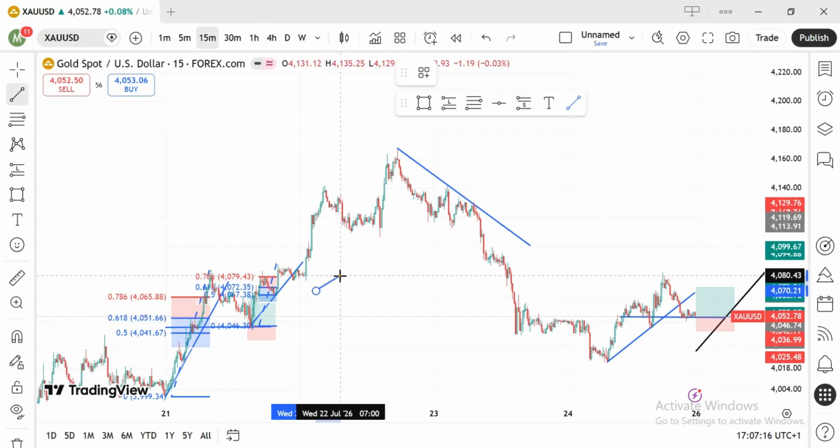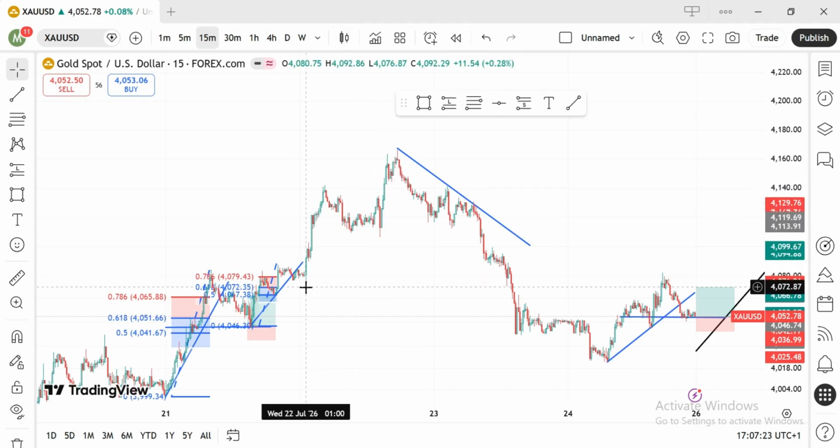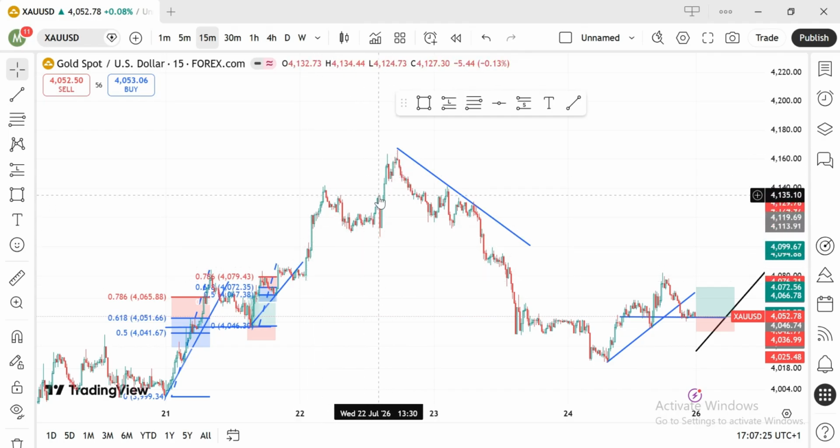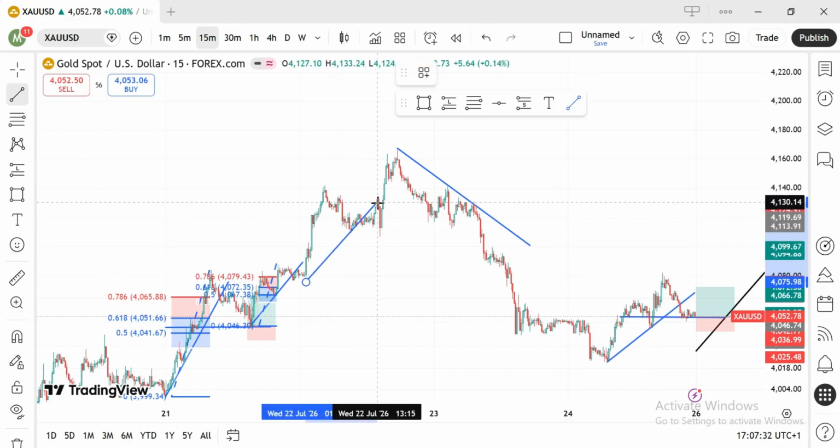So that's how you do it, and you also do it for this one as well. You can also do it for this day as well. If you take it over here, you mark it over here, and this is it right here. This is the point of the breakout.